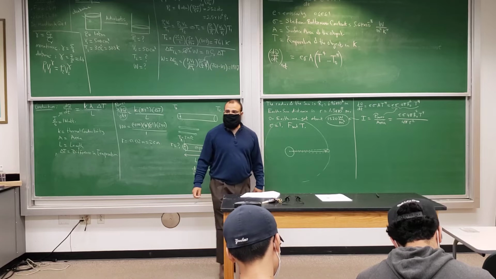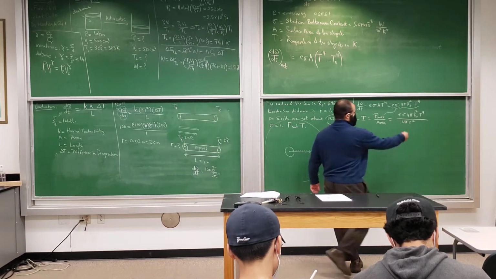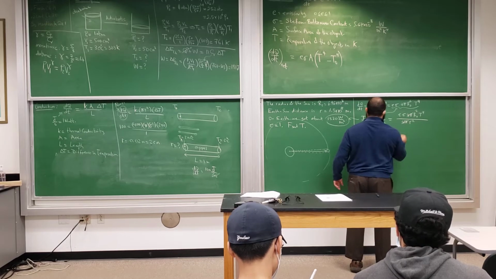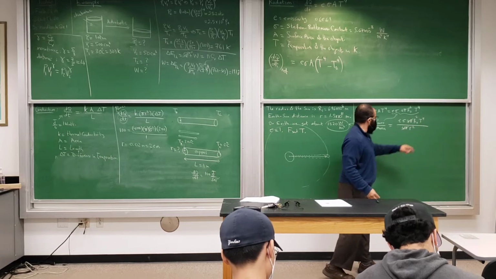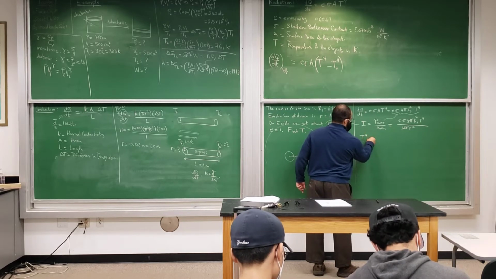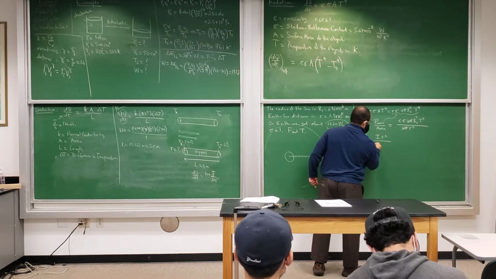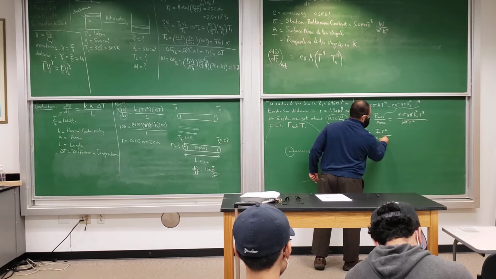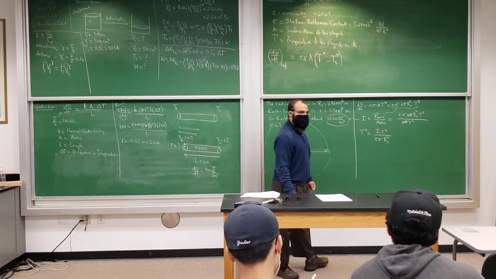Now we have every number. We can cancel the 4 pi's, and we can solve for the temperature, right? The temperature to the 4th power would equal the intensity times R squared divided by E, sigma, and then R sun squared.